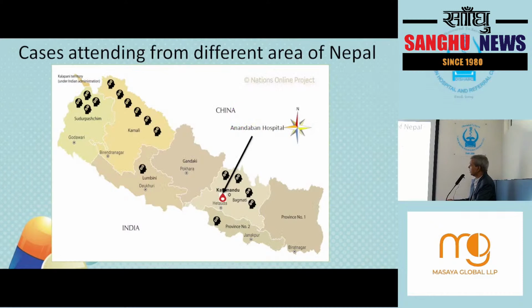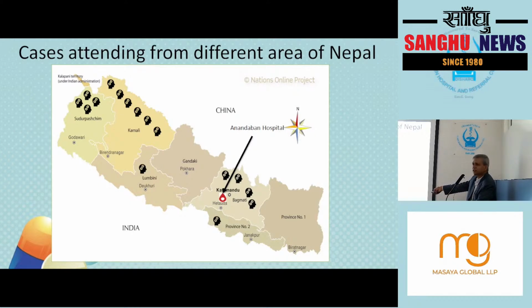So these are my own cases, which I have seen. The CL cases are all from hilly areas: Karnali, Kalikot, Dolpa, Rolpa, Bajura, also from Baitadi, and also from Ramechhap.